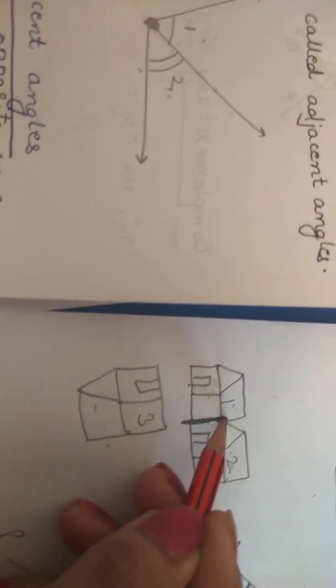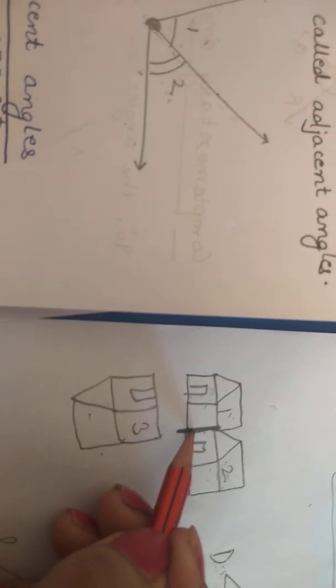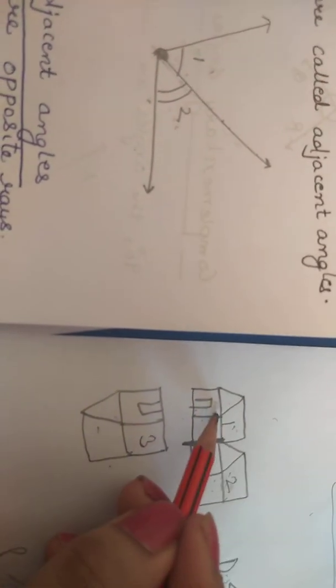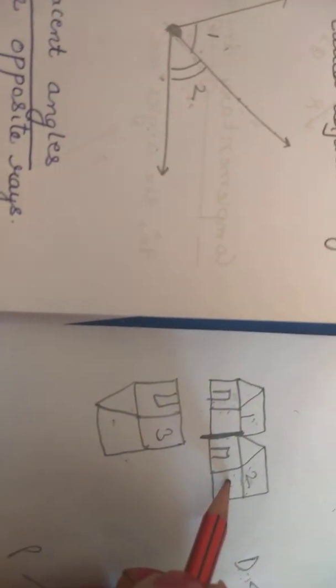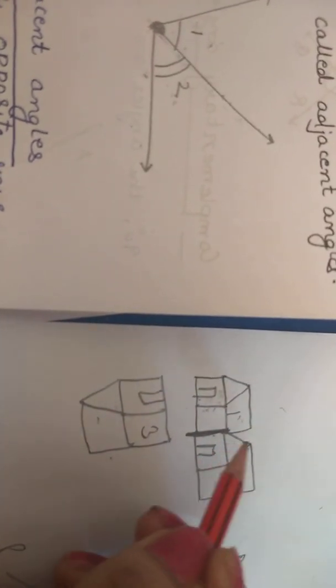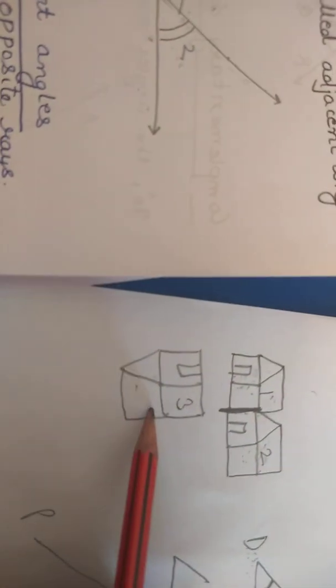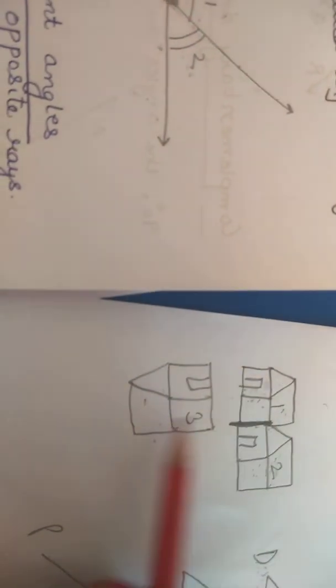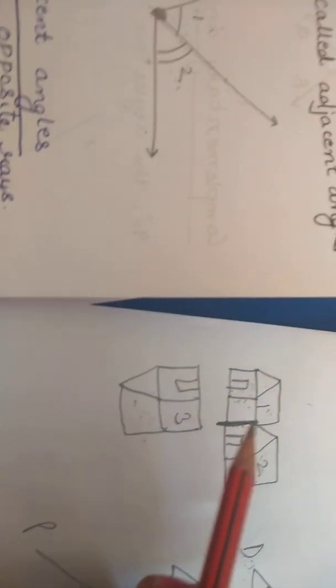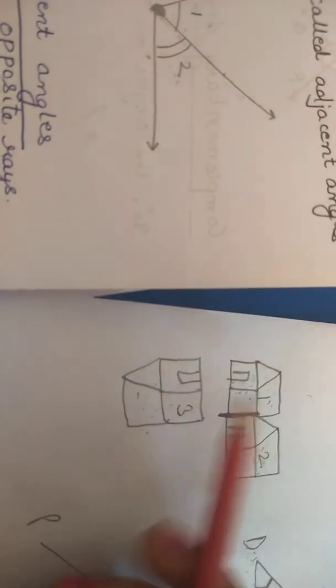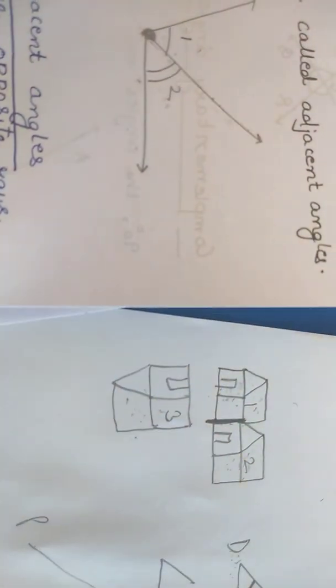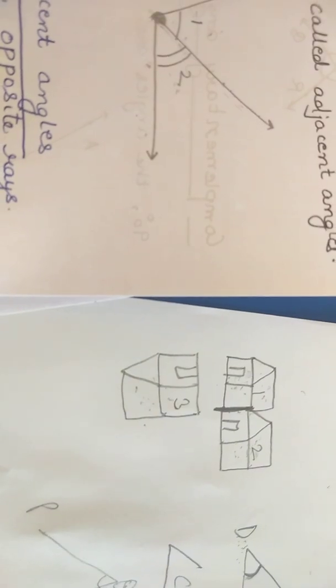You can see that one wall is shared by both the first and second house. Both of them share the same arm. But house 1 and house 3 are opposite to each other because they don't have any common arm or any common vertex.